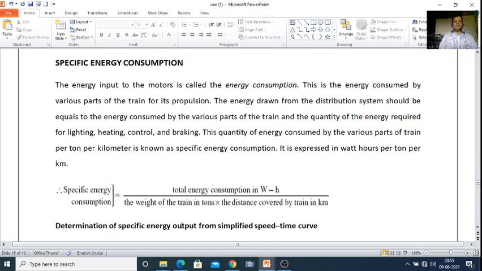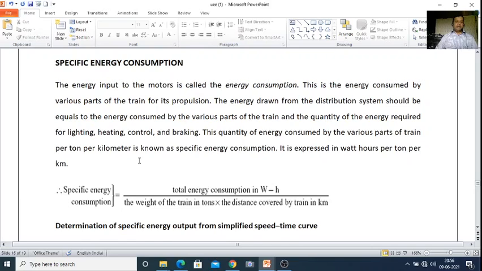As the name itself suggests, the specific energy consumption refers to each and every part of the traction train that is consuming the energy. It is expressed in watt hours per ton per kilometer. Specific energy consumption is equal to total energy consumption in watt hour divided by the weight of train in tons into distance covered by the train in kilometers.